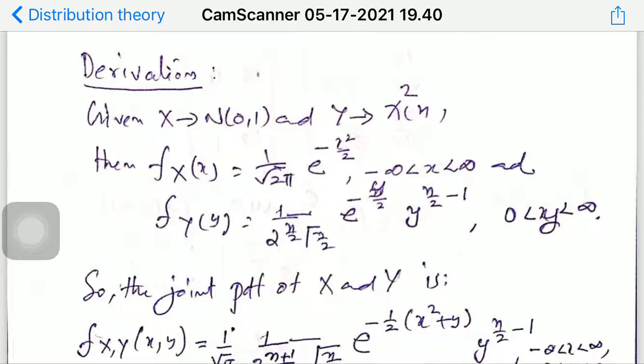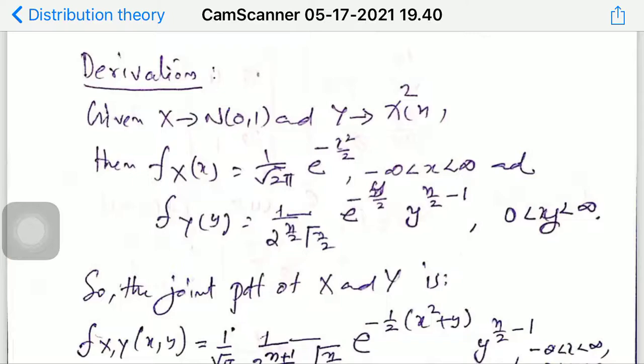The derivation is somewhat simple, using the method of transforming two random variables x and y to another two random variables u and v, which we discussed in an earlier class.